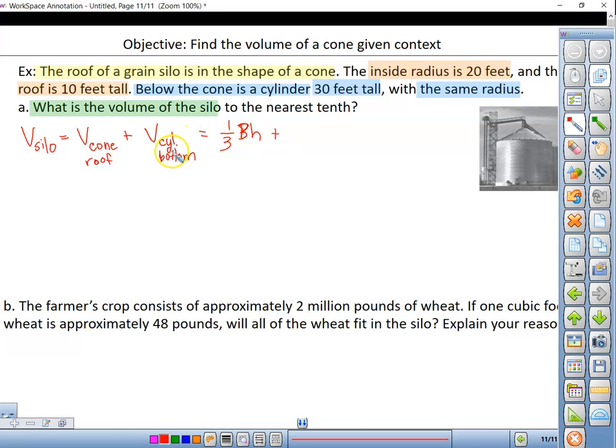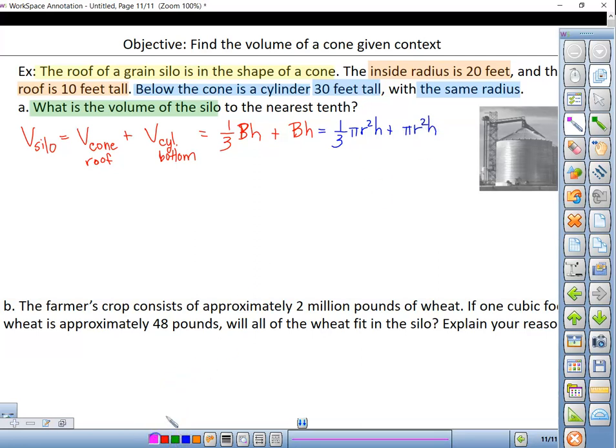We'd add that to our volume formula for our cylinder, which is just base area times height. Since both the cone and the cylinder have bases that are shaped like circles, the base area for each of them is the area of the circle formula, which is pi r squared. So this then becomes 1/3 times pi r squared times h plus pi r squared times h.